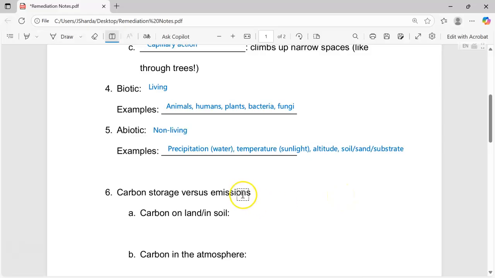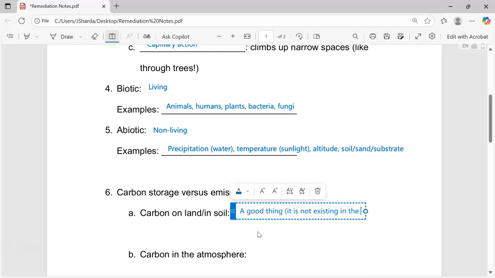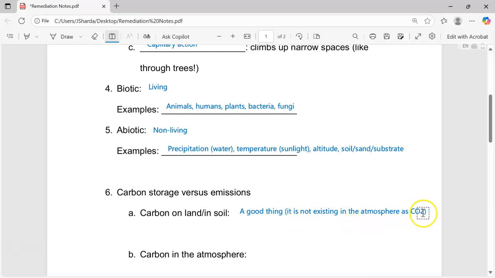All right, now the carbon storage versus emission story is as follows. This is overly simplified, but basically carbon, if it's stored on land or in the soil, this is a good thing, because it's not existing in the atmosphere as CO2.